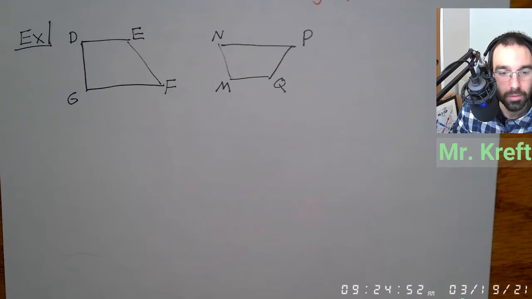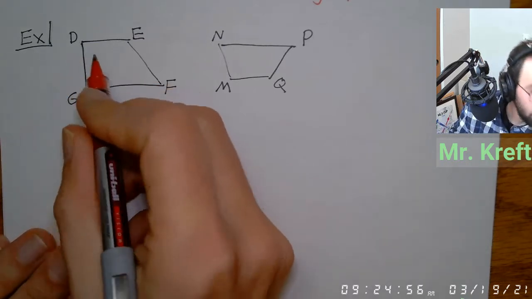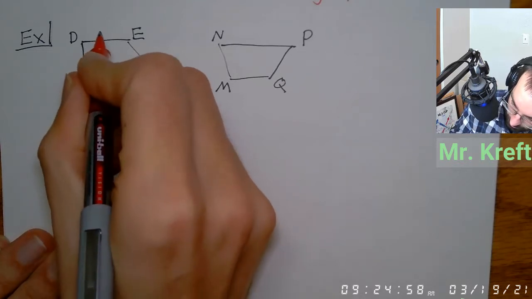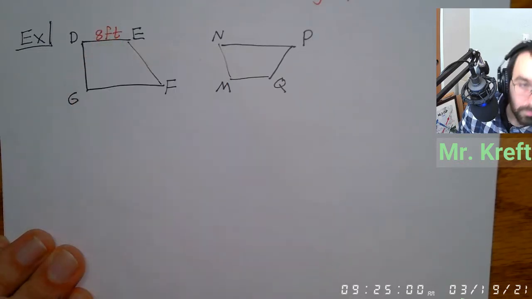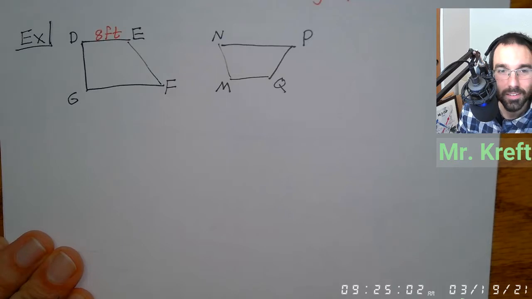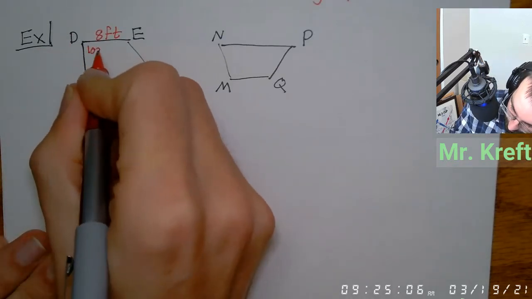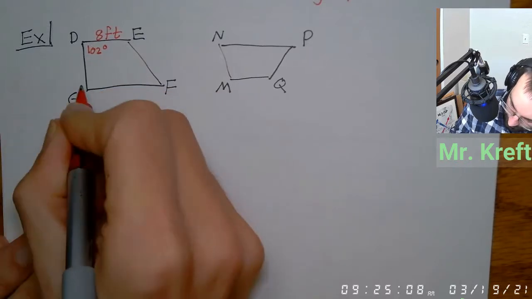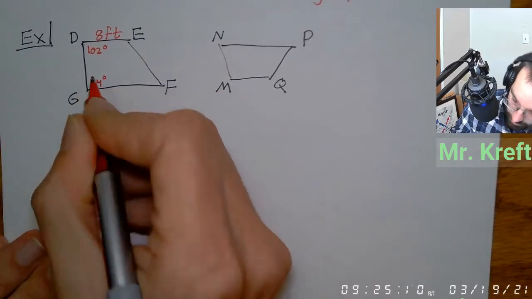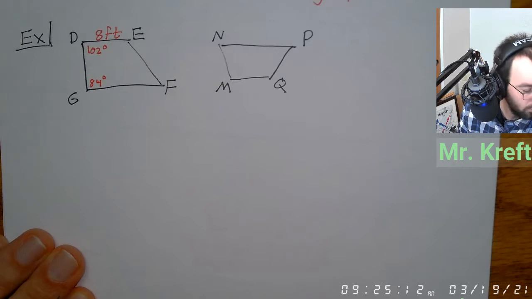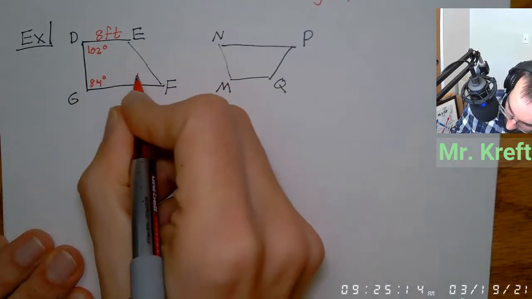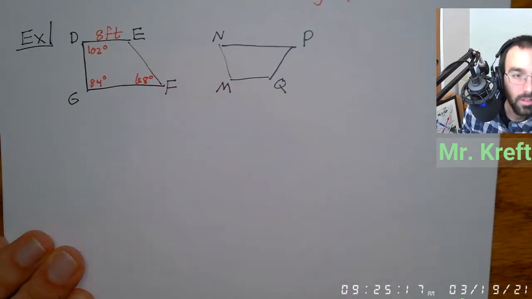And then we're gonna add some things on this, and we're gonna do a little problem, okay? So I'm gonna start with the left. At the top, I'm gonna put 8 feet. Then I'm gonna have 102 degrees, and then 84 degrees. Now this picture is not drawn to scale, right? We're just using it as a tool to help us understand the problem.